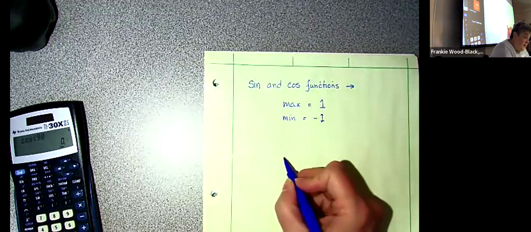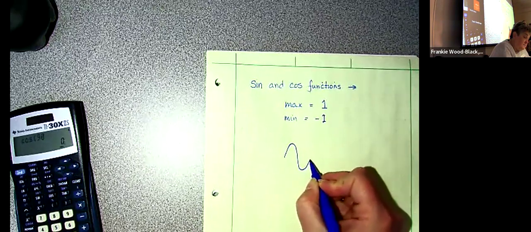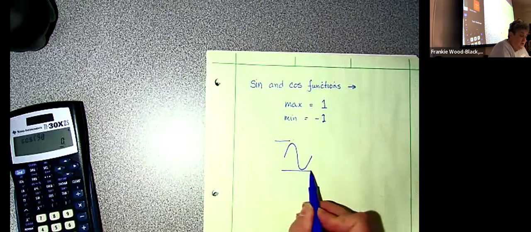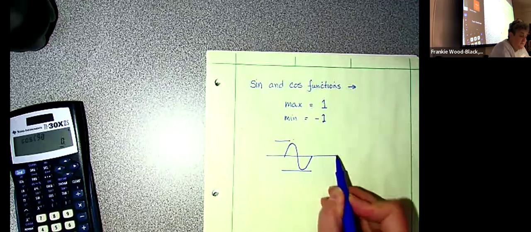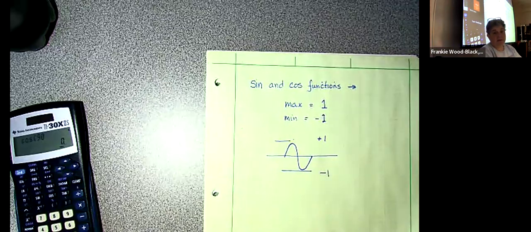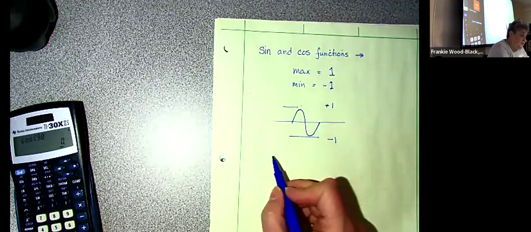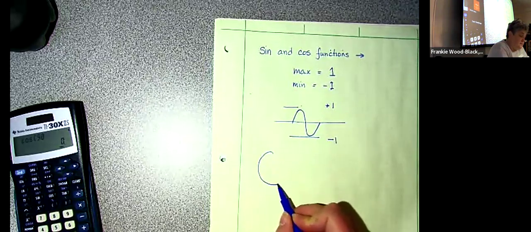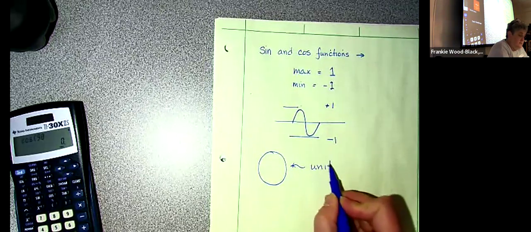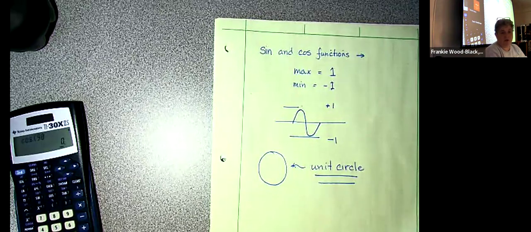So if I'm drawing my curve here, that's a sine and a cosine. This is really just going from -1 to +1, if I'm just looking at my sine and my cosine function. And that gets back to this unit circle. Gets us back to that unit circle.